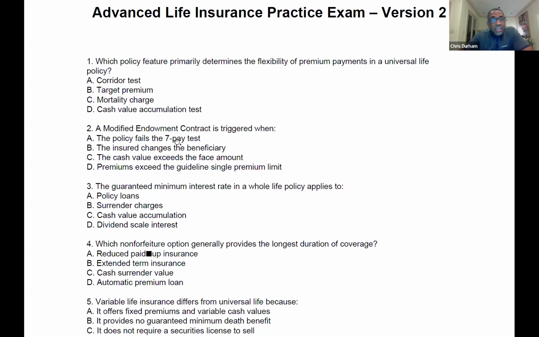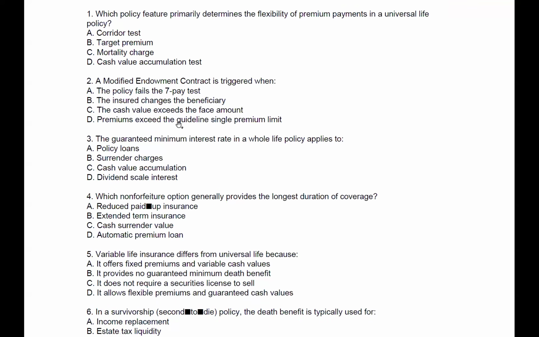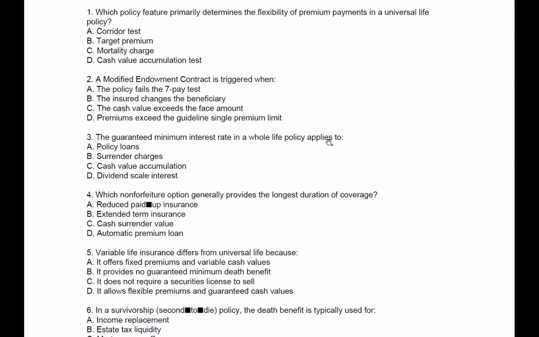All right, Ash, you next. Okay, a modified endowment contract is triggered when A, the policy fails the 7 pay test, B, the insured changes the beneficiary, C, the cash value exceeds the face amount, or D, premium exceeds the guideline single premium limit.